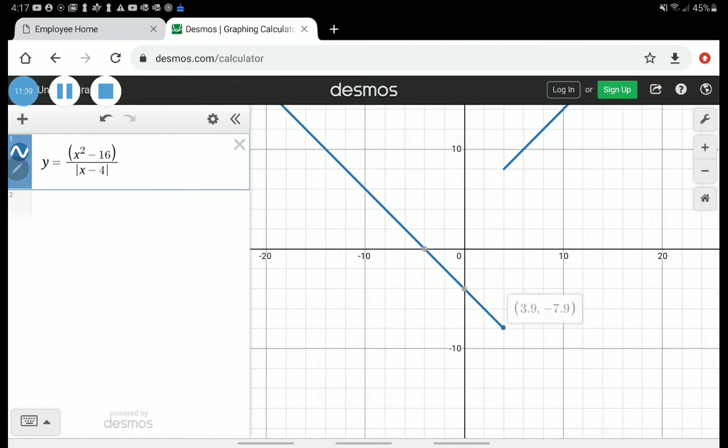Okay, so look at what's happening here. As I approach 4 from the left, notice my y values are getting really close to negative 8. It's actually undefined here at 4, but it's getting close to negative 8. But as I come in from the right, notice I'm getting really close to positive 8.